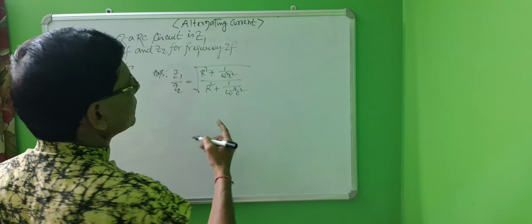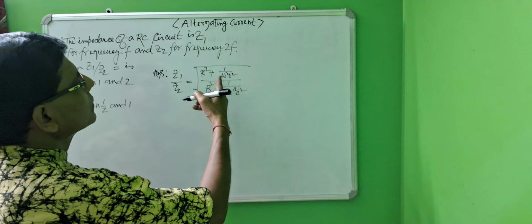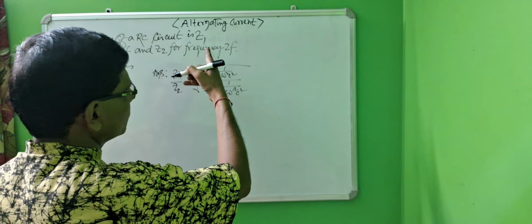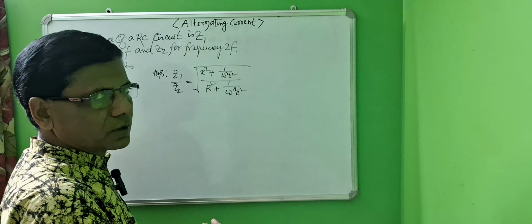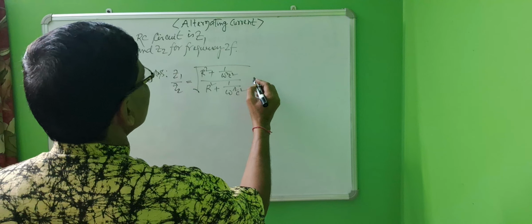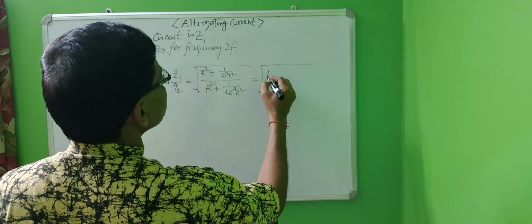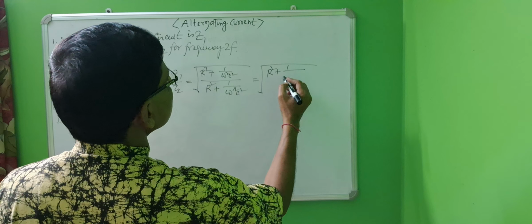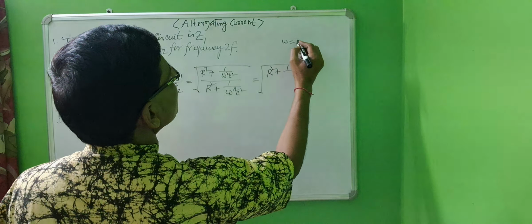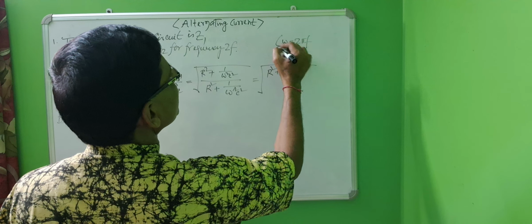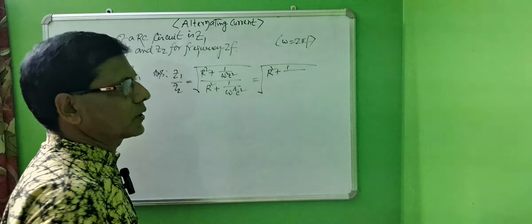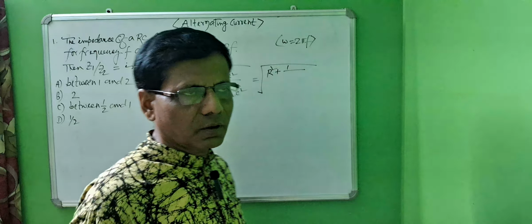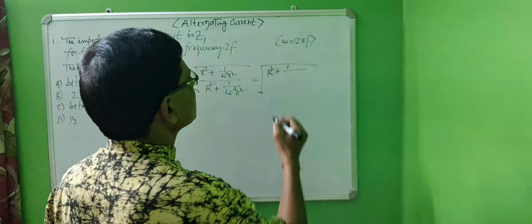Omega square C square, this one for frequency F and this one for frequency twice F. Because we know omega equals twice pi F, where F is the natural frequency and omega is the angular frequency.